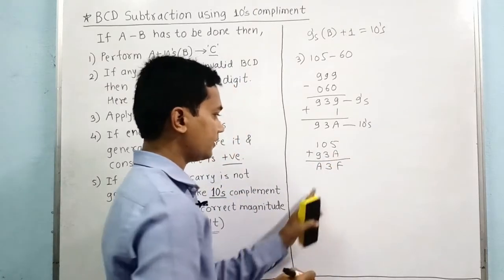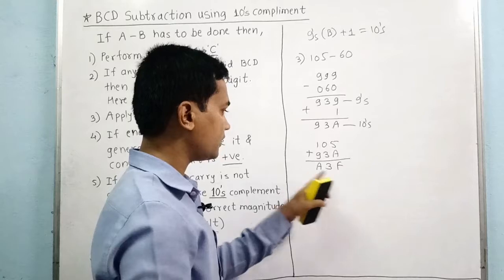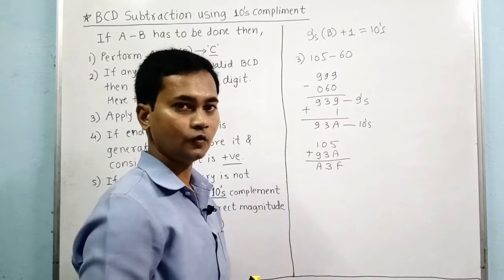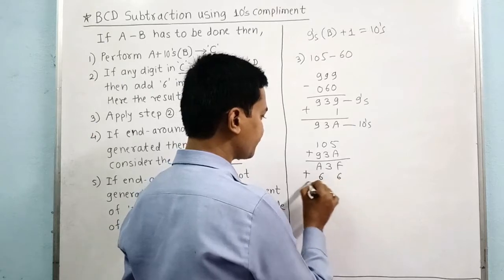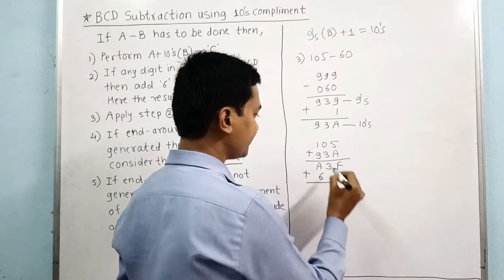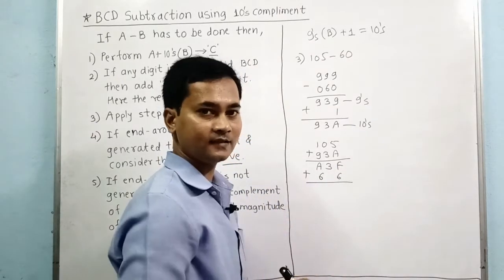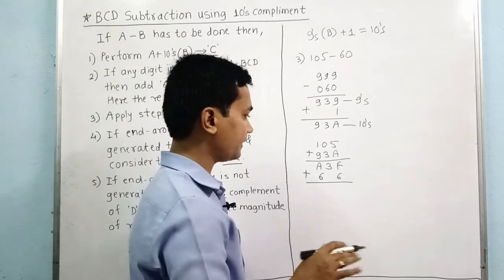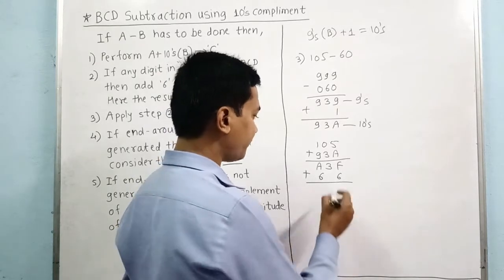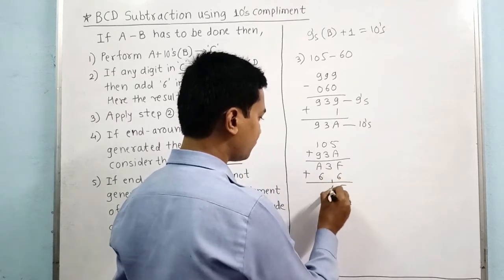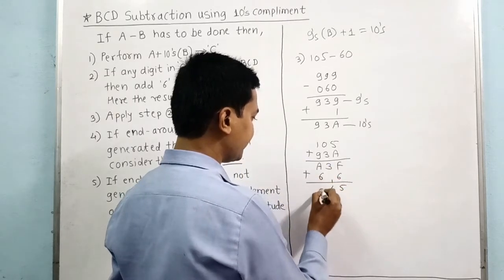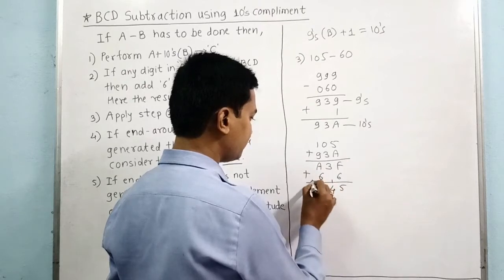Now after this we have to check whether all the digits are correct BCD. No. So the next step is add 6 into the invalid BCD digits. So 15 plus 6 is what? 15 plus 6 is 21. 21 in decimal is 15 in hexadecimal. Carry 1, summation 5. 3 plus 1 is 4. 10 plus 6 is 16. 16 in hexadecimal is 10.